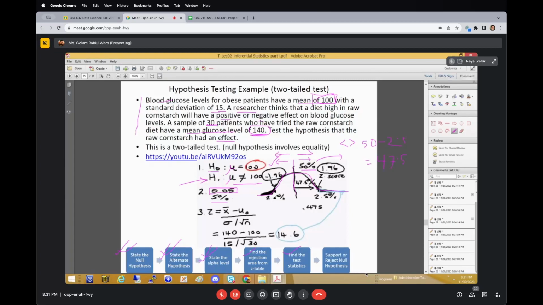So here is 47.5, and this side is also 47.5.